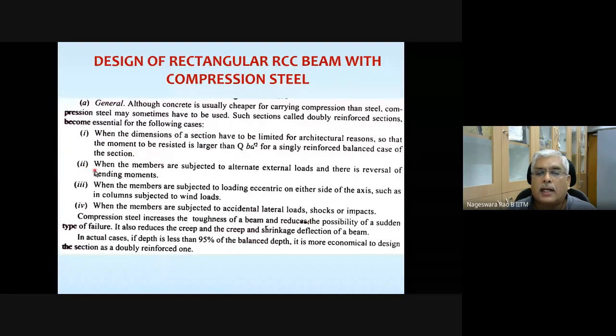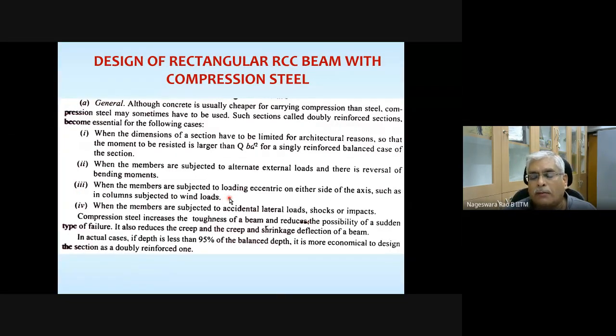The other reason why it may be required is when the members are subjected to alternate external loads and there is reversal of bending moments. When there is reversal of bending moments, then also it is better to go for a doubly reinforced section. Also when the members are subjected to loading eccentric on either side of the axis, such as in columns subjected to wind loads.